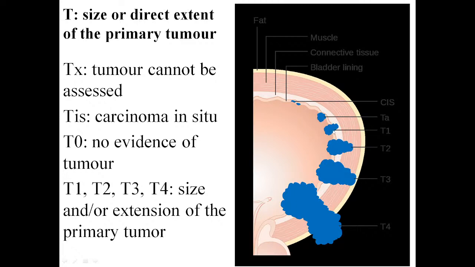T first affected the mucous and submucous layers. T second affected mucous, submucous layers and muscle layers. T third affected the mucous, submucous and muscle layers, and also, for example, peritoneum tissue.